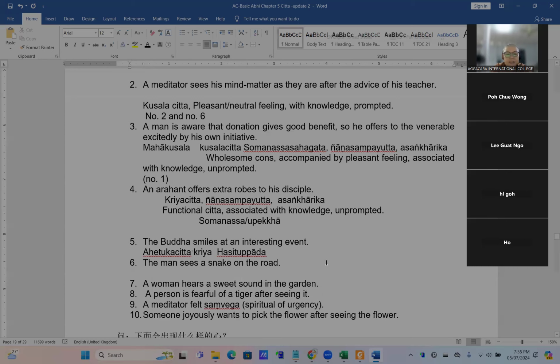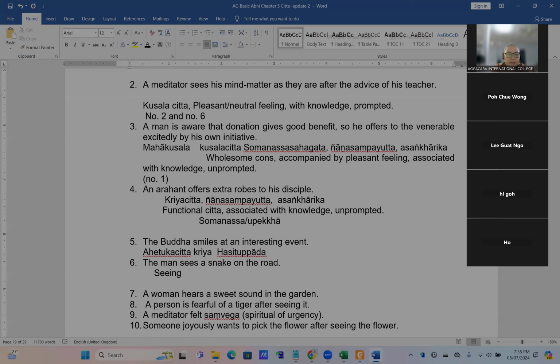A man sees a snake on the road. Let's say we divide it, the moment of seeing. Exactly, we talk about the moment. At the moment of seeing, what kind of questions will arise at that moment?